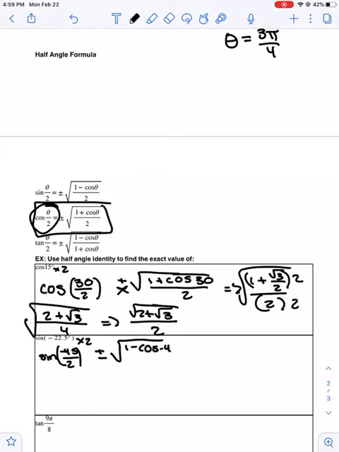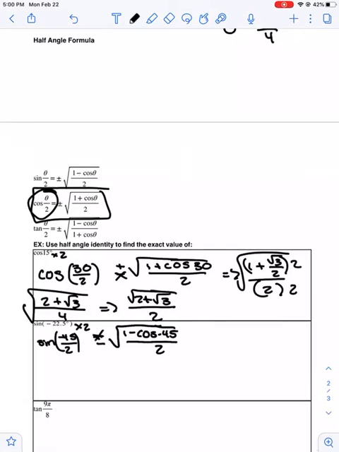So plus or minus the square root of 1 minus cosine of 45 over 2. And 22.5 is in quadrant 4. And in quadrant 4, sine is negative. So we're going to get rid of the positive.